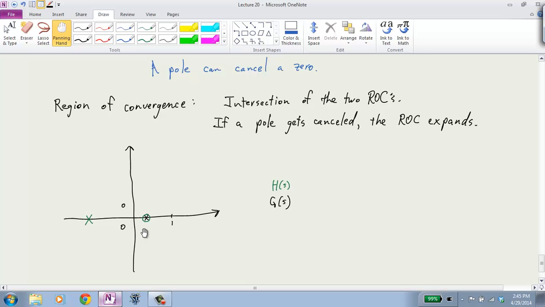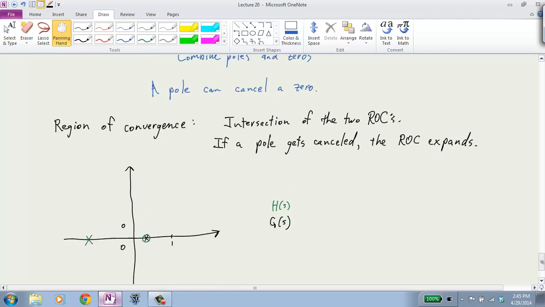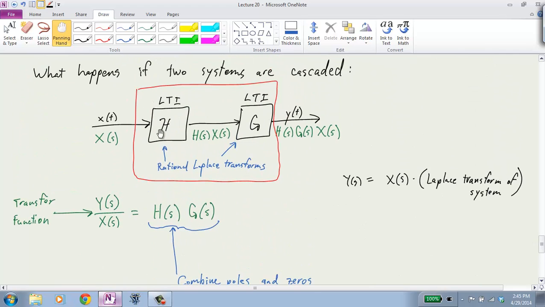Yeah. If you're not exact, a pole next to a zero is still unstable. They have to be exactly canceling, and it's very hard to build exact devices to do this. So there are better ways of doing control other than this. This would be called open loop control. There's no feedback here. If we include feedback, we'll be able to do really cool control.